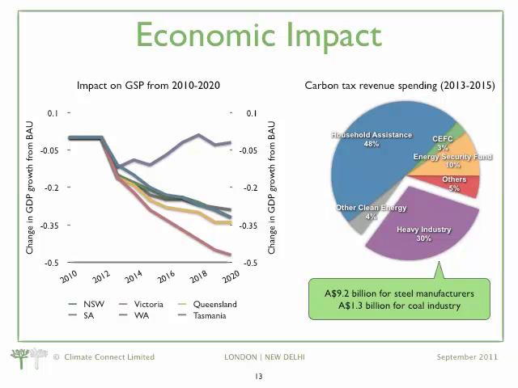The economic impact on the GDP growth of various states. The maximum impact of the carbon price is likely to be seen in Victoria, Queensland and New South Wales, which have 44% of the liable entities.